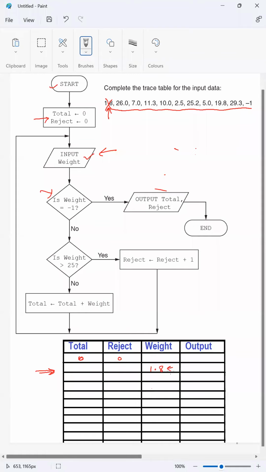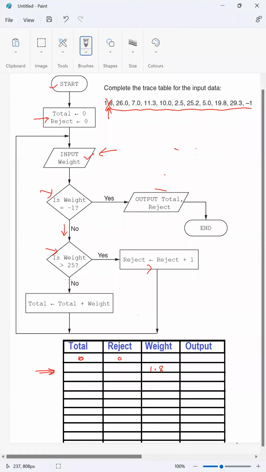It is not equal to -1, so the answer is no. Therefore, we come to this next decision box, which says, is weight greater than 25? Is 1.8 greater than 25? And the answer is no.